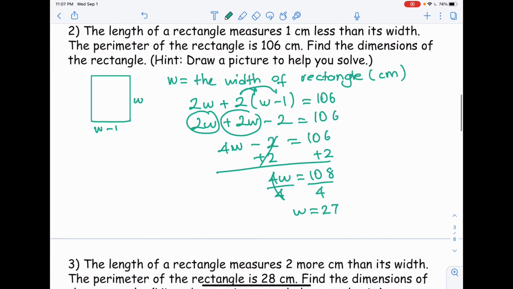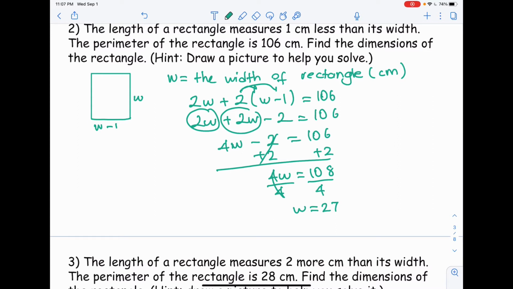Then we can evaluate the expression W minus 1 by substituting 27 for W. And then from here, the length will be 26 centimeters.